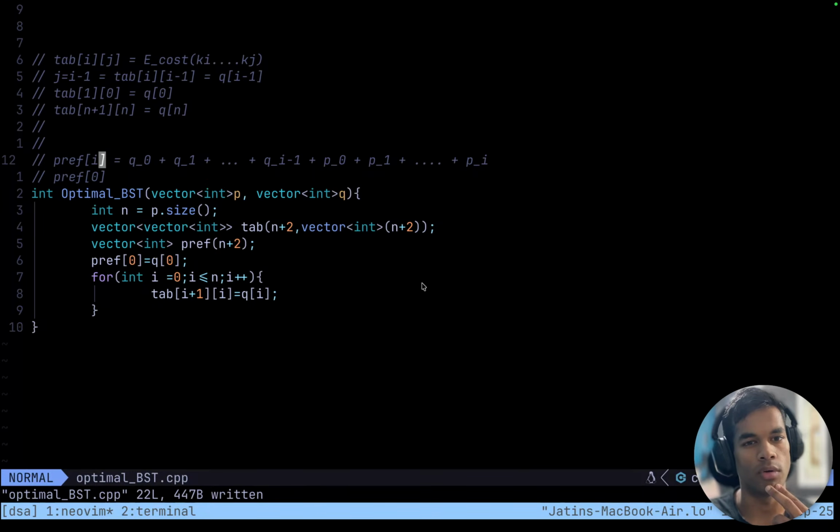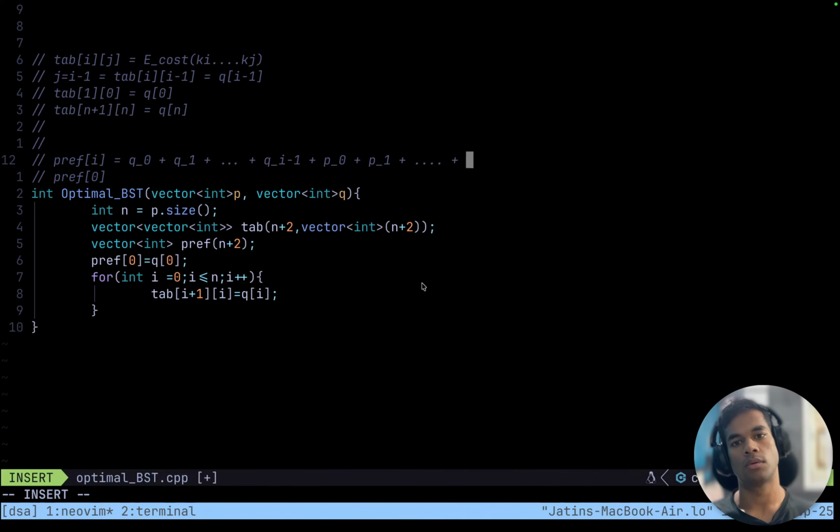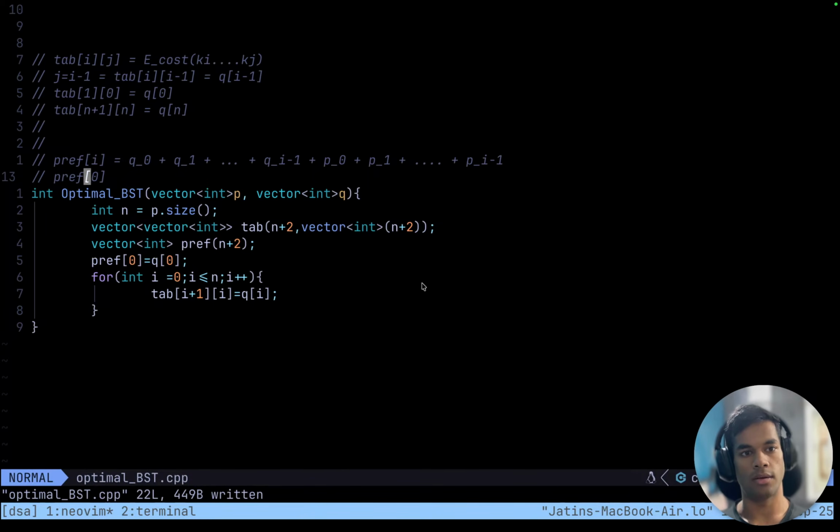P0 is not good. Pi minus 1. Yes, prefix 0 would mean, prefix I would mean I'm using the first I nodes, and when I'm using the first I nodes, then this is the thing.